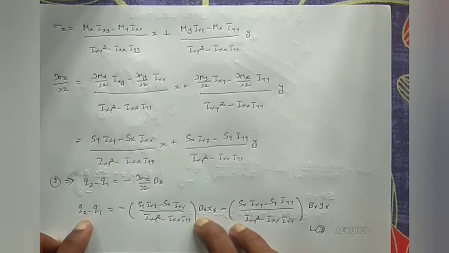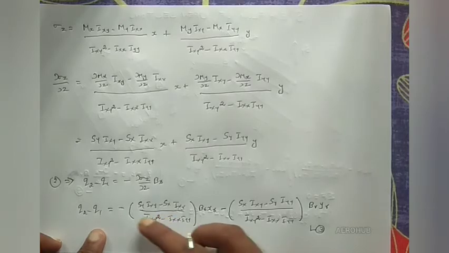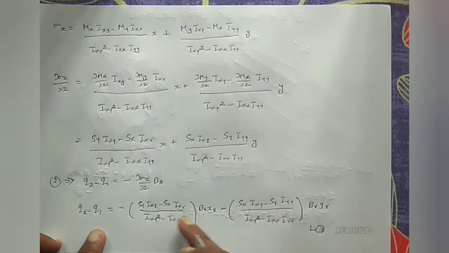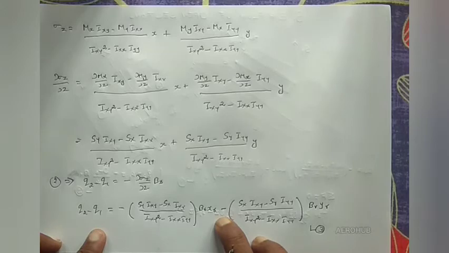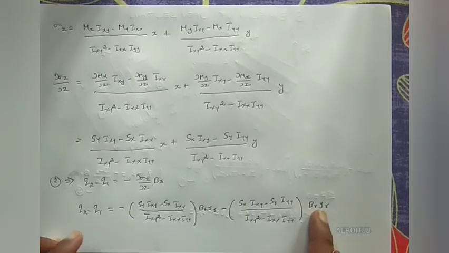It will be incremented by this value, which we can denote as K1 or K2, so minus K1 BR XR, where BR is the boom area and XR is the coordinate of the boom in the x direction, and YR is the coordinate along the y direction for the rth boom.